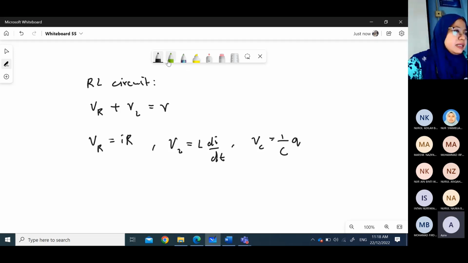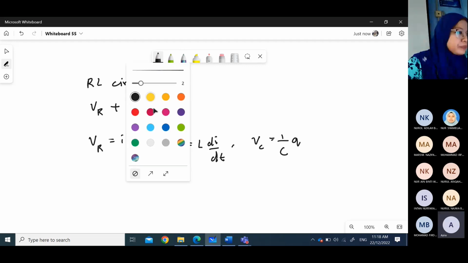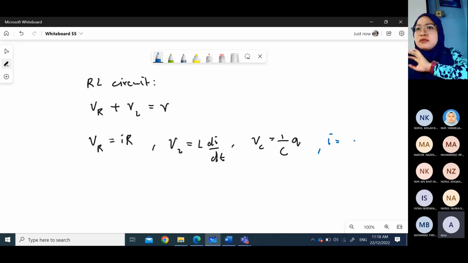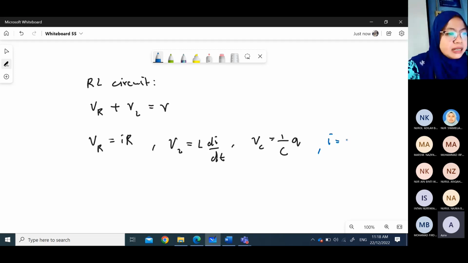Here there are two more things you need to know. I is the current, the rate of change of charge at any time t, which is I equals dq dt.